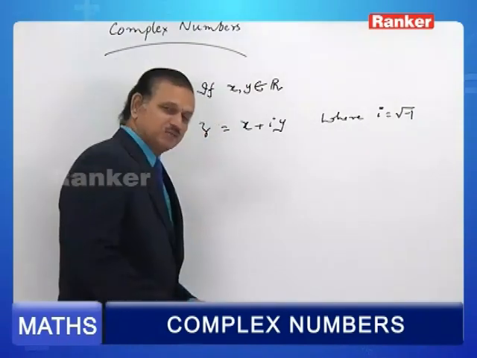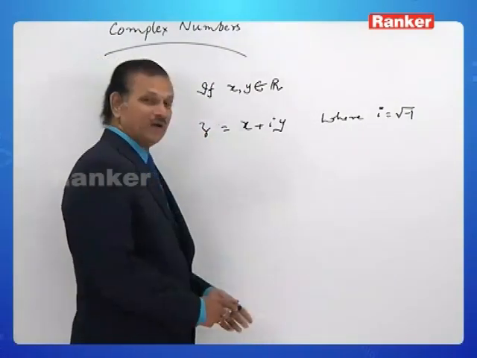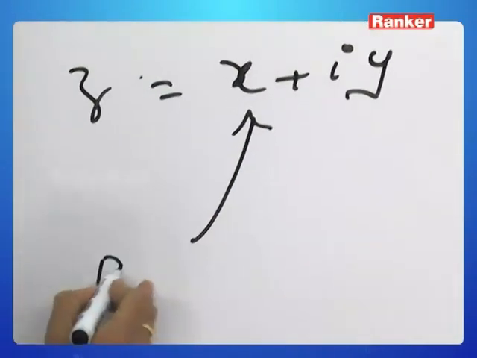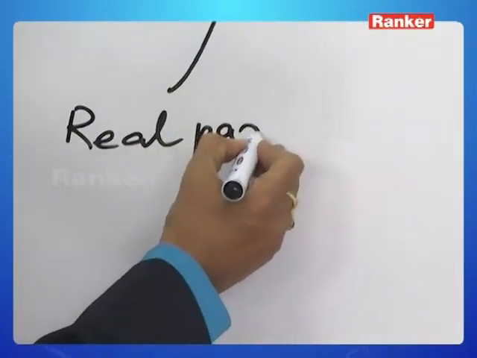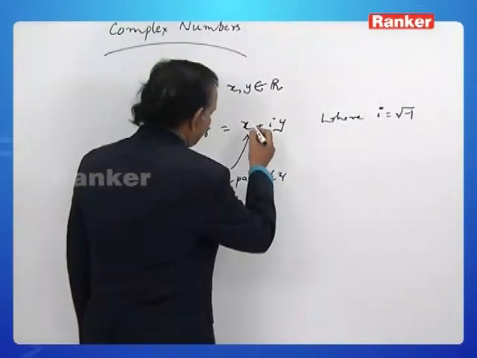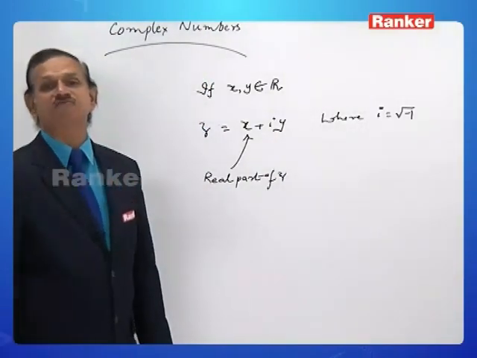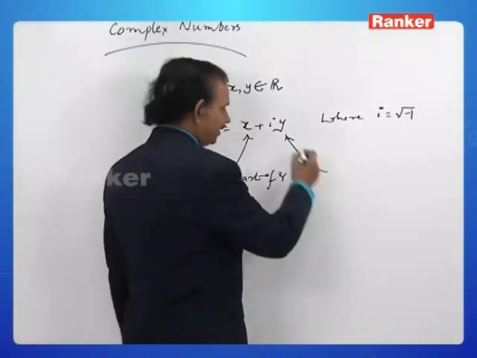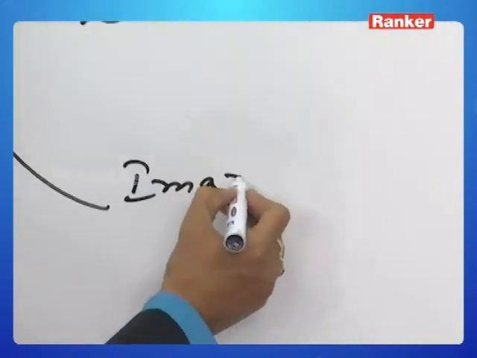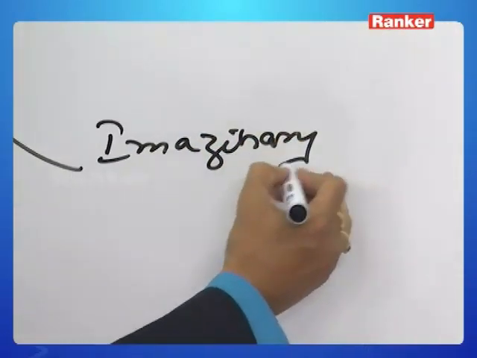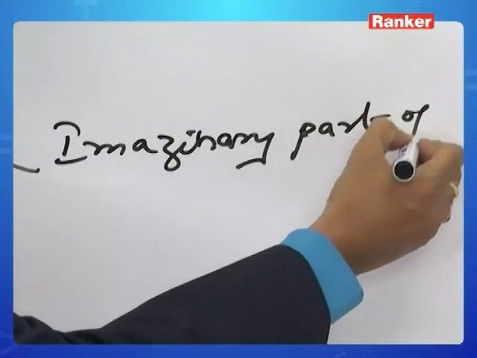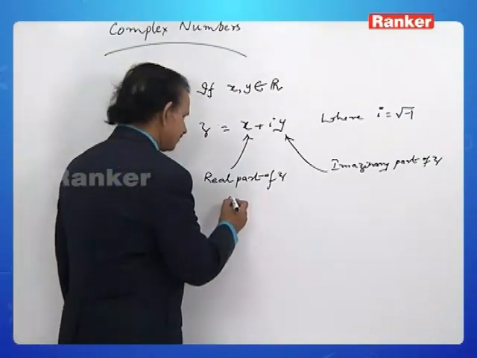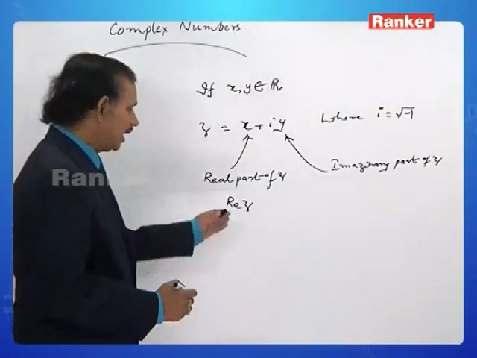Here, z is equal to x plus iy is a complex number where x and y are reals. Moreover, this x is called the real part of z, and this y is called the imaginary part of z. The real part of z is denoted by the symbol Re z.